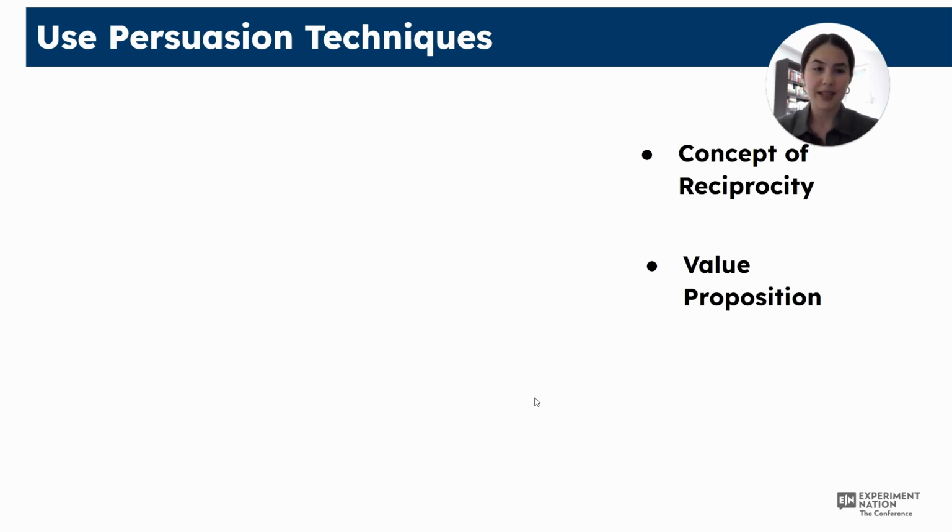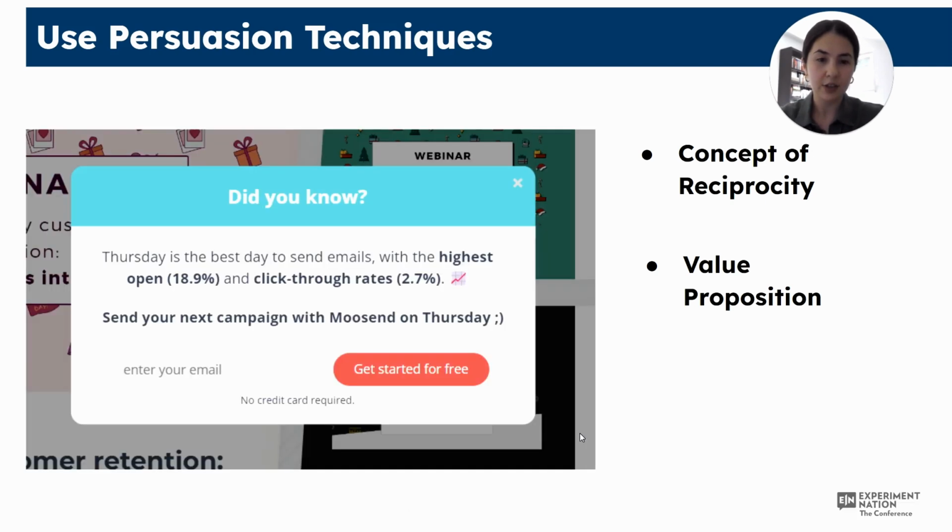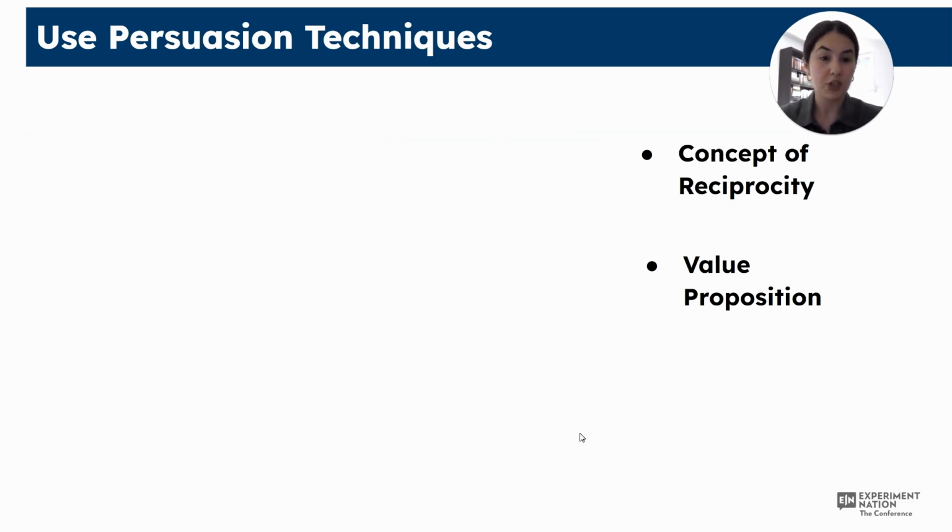And let's move on with our heuristic analysis and talk about persuasion techniques. And when it comes to form assessment, one of the underlying psychological concepts that comes about is the concept of reciprocity. And this concept talks about how people like to return favors.